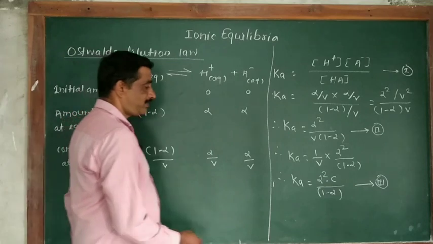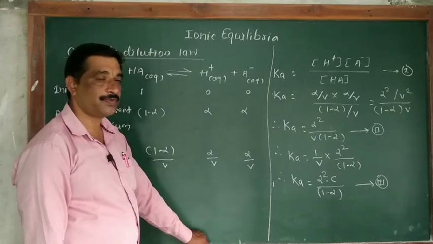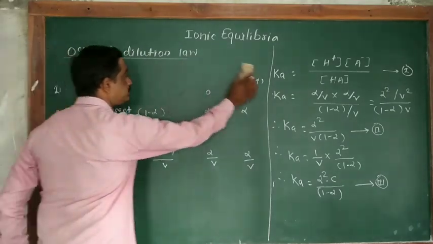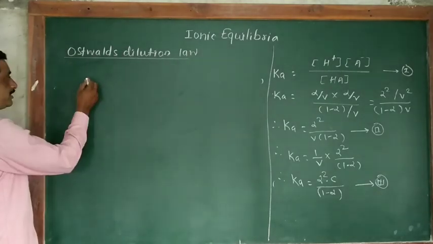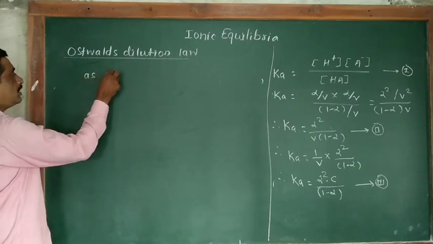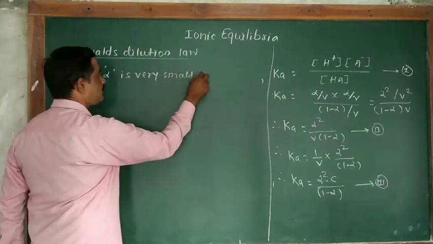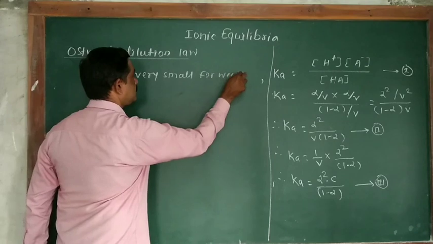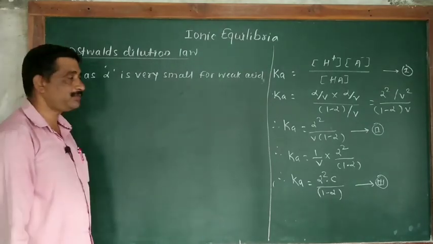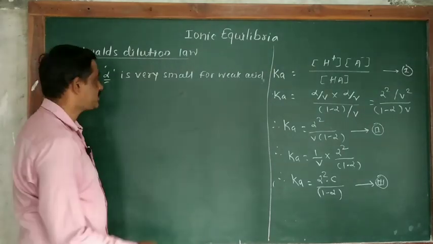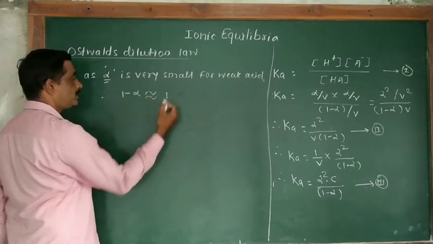In equation 3, let us consider the term 1 minus alpha. Alpha is very small for a weak acid, because a weak acid has the tendency to remain in the undissociated form, and therefore 1 minus alpha is nearly equal to 1.